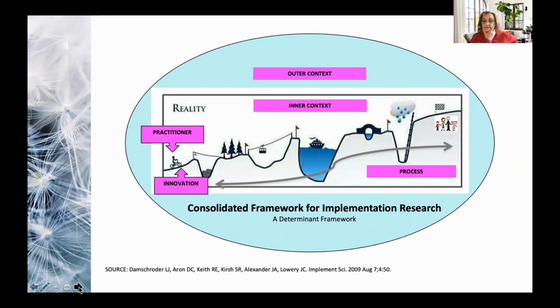And what's interesting about the CFIR is it was developed kind of as a synthesis of all of the other determinant frameworks that were out there and the empirical work on factors and barriers and facilitators. And they identified 5 big buckets of factors that are really important for you to think about as you plan your implementation.